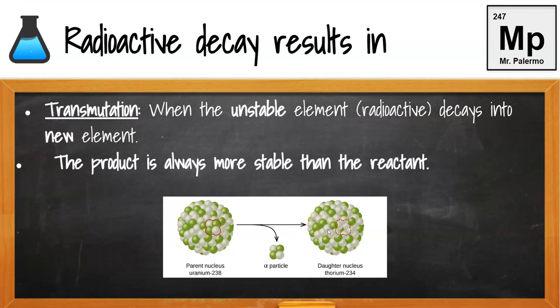How do we make a new element? When we change the number of protons, we change the element. As it gives off these particles, the electrostatic repulsive forces are minimized, that strong nuclear force can take hold, and the product will be more stable than the reactant.